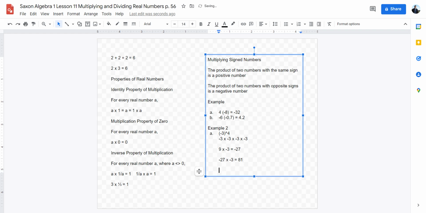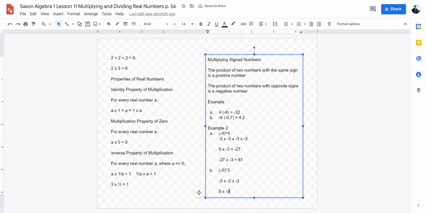All right, let's take a look at another example of this. Let's take a look at B. In part B, we have -3. Notice -3 is in parentheses, so I'm raising the entire -3 value to the third. That's going to be -3 times -3 times -3. That's going to start off the exact same way. So I'm going to have 9 times -3 is where I finish this one.